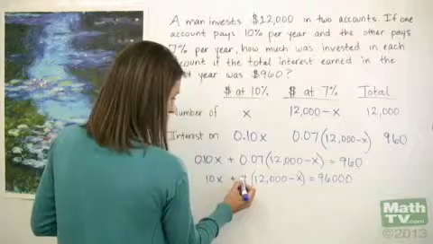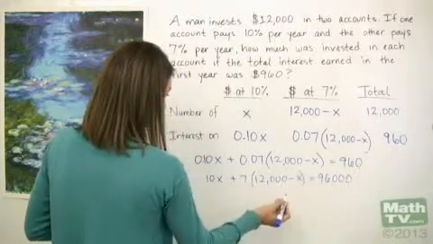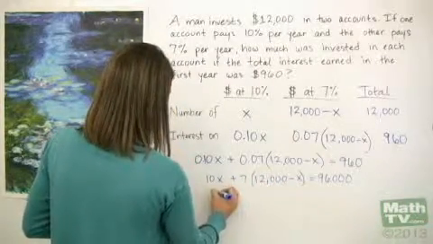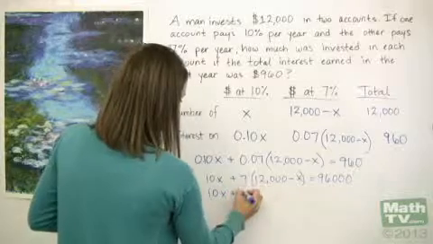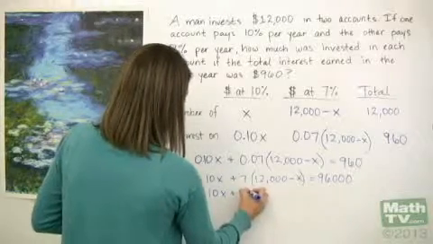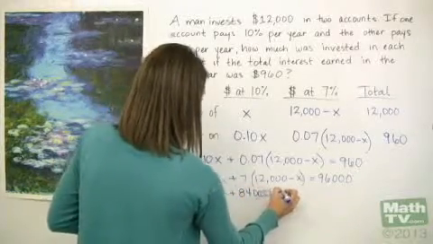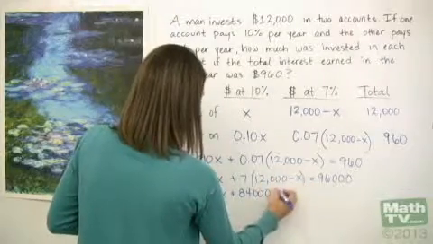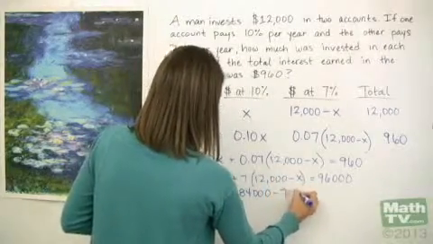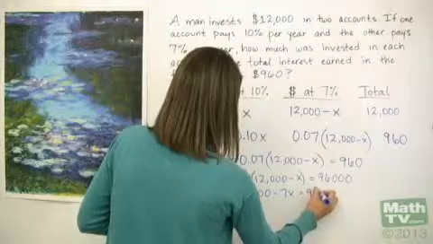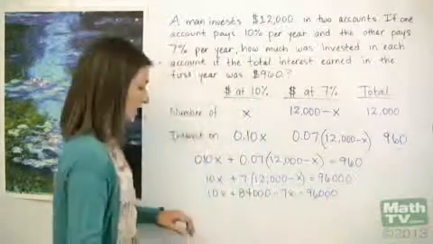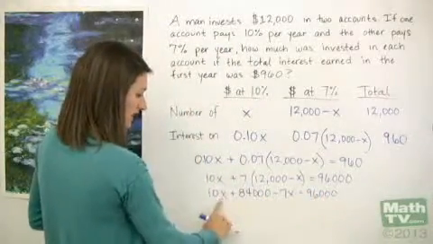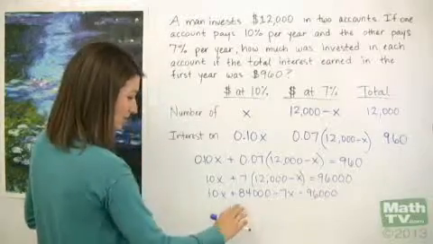So we'll simplify this. Let's distribute the 7 over each term inside the parentheses. So we have 10x plus 84,000. And then 7 times negative x is negative 7x equals 96,000. Okay, so combining like terms, 10x minus 7x gives us 3x.